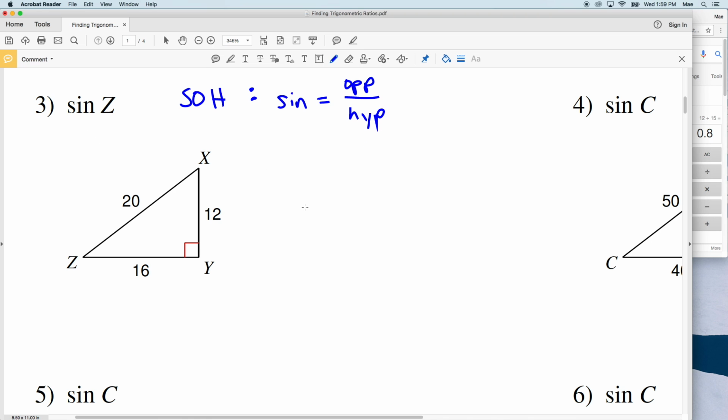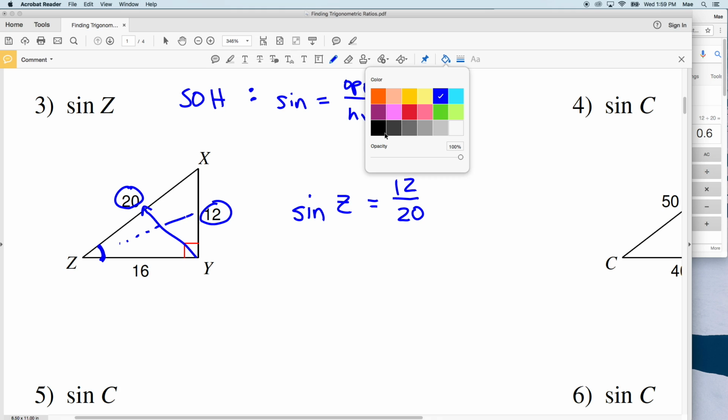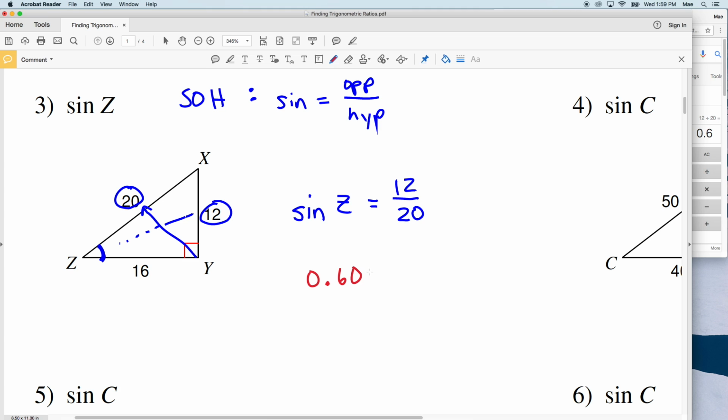So we're looking at the sine of Z. So our angle that we're looking at is Z. And we're going to do opposite which is 12, over the hypotenuse, which we know the hypotenuse is always across from the right angle, so that's 20. 12 divided by 20 is going to give us 0.6, and remember we have to do that to the 10,000th place. So 0.6000 is the answer for number 3.